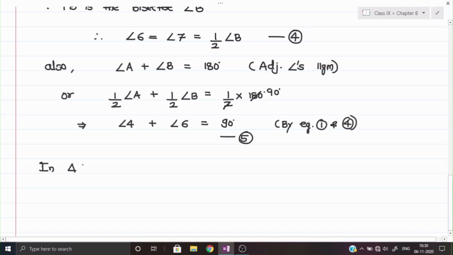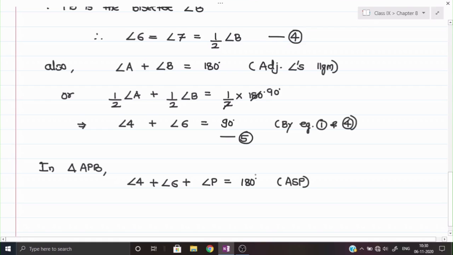In triangle APB we can say that angle 4 plus angle 6 plus angle P is equal to 180 degree. Here reason can be given, angle sum property.